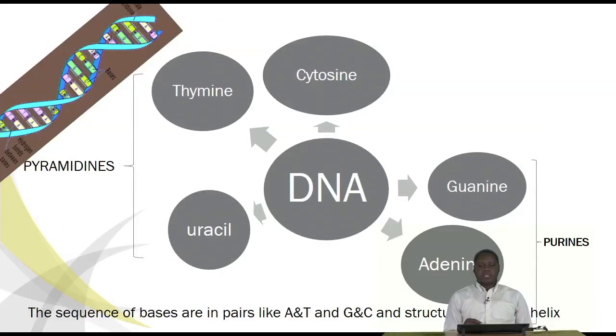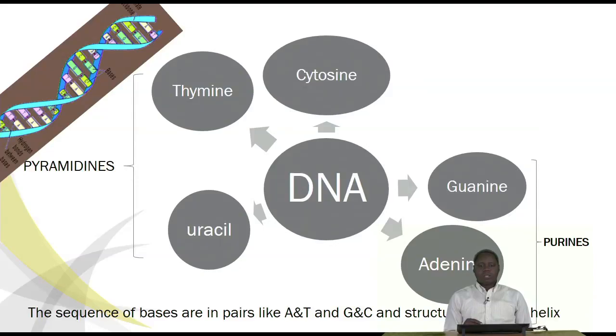As an introduction on DNA, this is the deoxyribonucleic acid. It has two kinds of components, which are the pyrimidine and the purine.